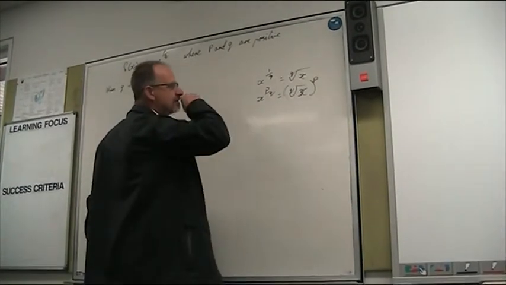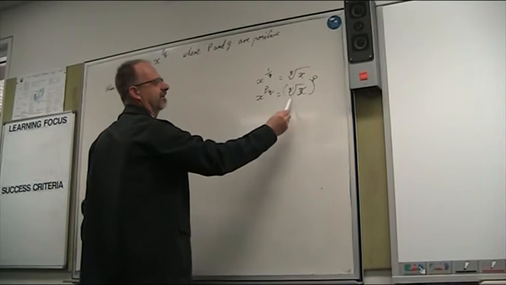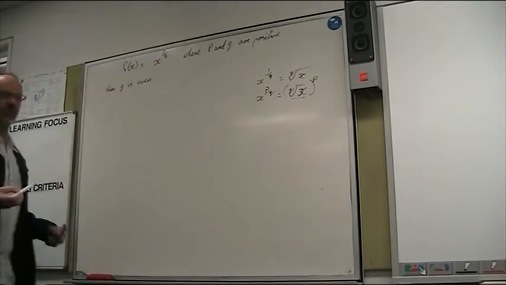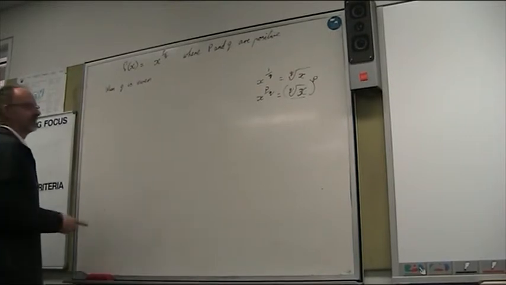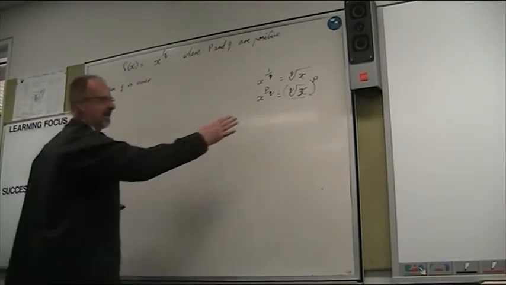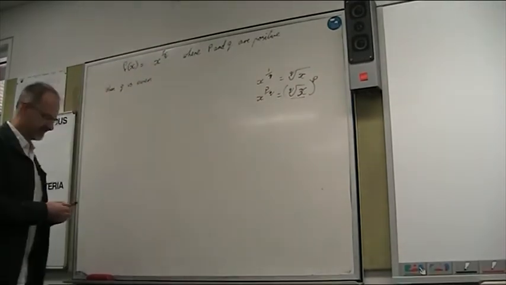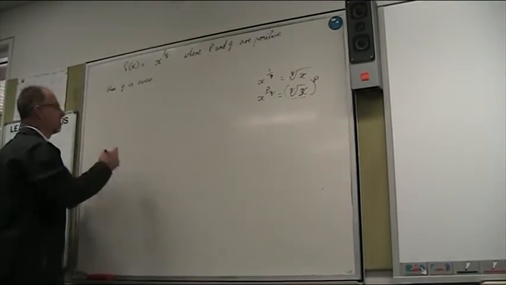So if Q is even, we've got the same thing as I've mentioned before. You can't have negatives in there. So if Q is even, we only get a graph of positive x's. So we get a graph that looks like this.